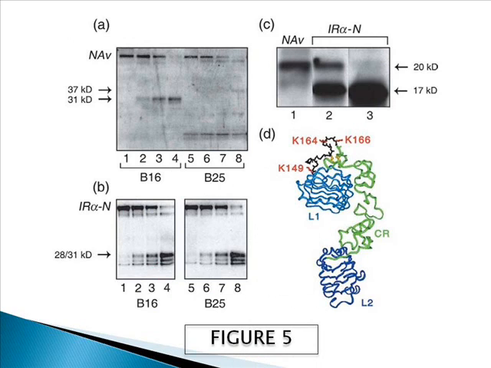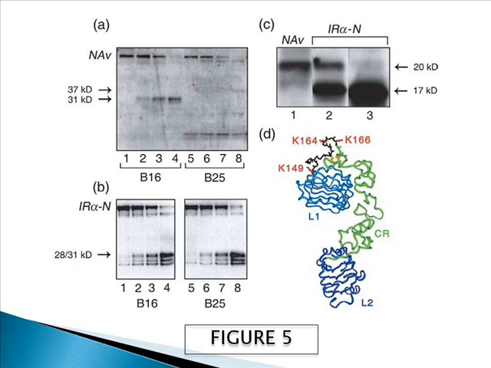Figure 5 shows the electrophoresis gels using a Western blot used to map sites of cross-linking in the alpha subunit of the insulin receptor on limited tryptic digestion. It further defines the B16 binding region, which shows the limited digestion of the covalent hormone receptor complex.